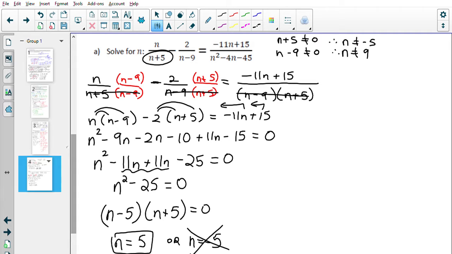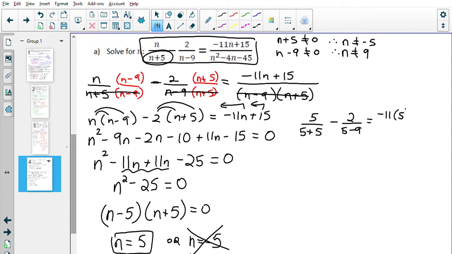So I'm going to plug in 5 everywhere in this equation. So 5 over 5 plus 5, subtract 2 over 5 minus 9 equals negative 11 times 5 plus 15 over 5 squared minus 4 times 5 minus 45.